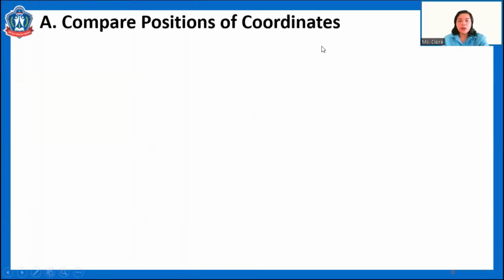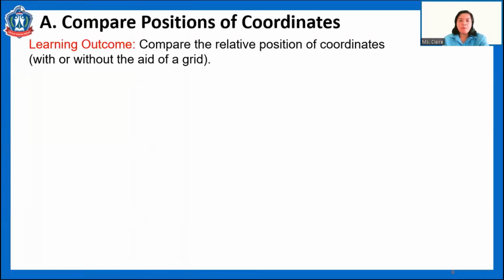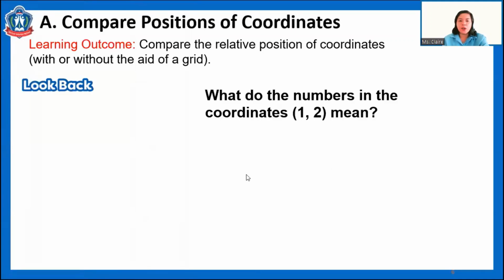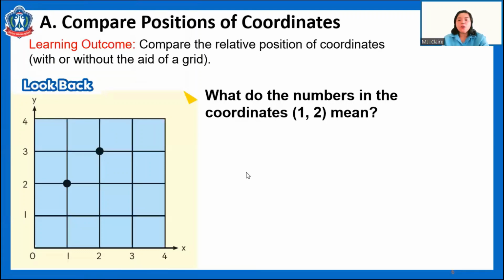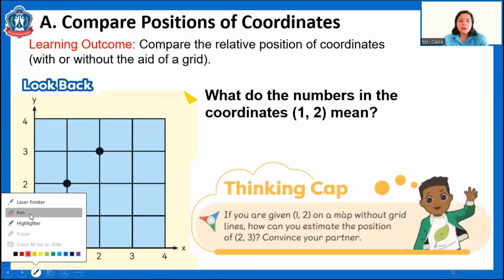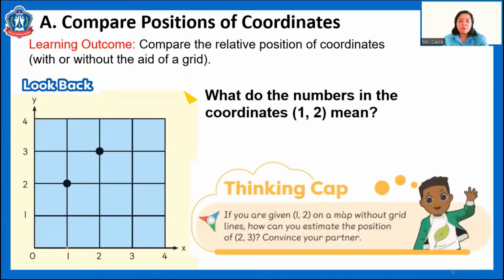Okay, let's study, children, lesson A, compare positions of coordinates. So what do the numbers in the coordinates 1, 2 mean? Let's have 1, 2. Take a look, children, it is this one. So this point here, the coordinates are 1, 2.